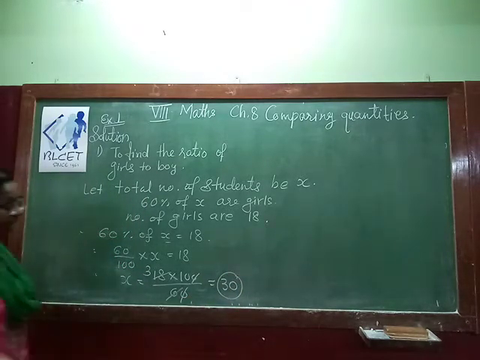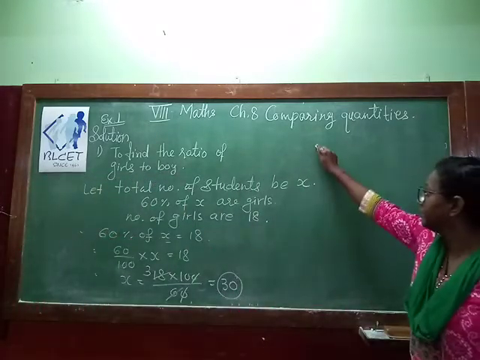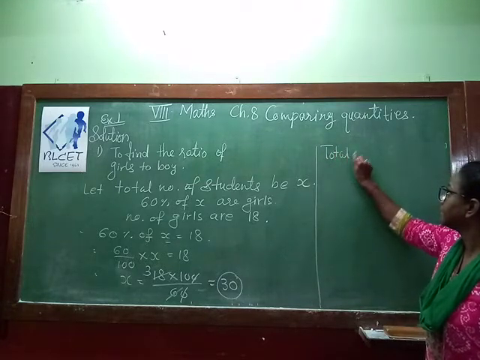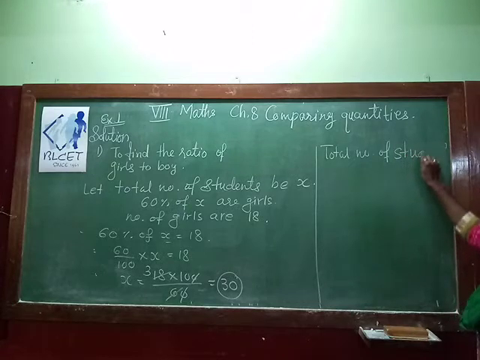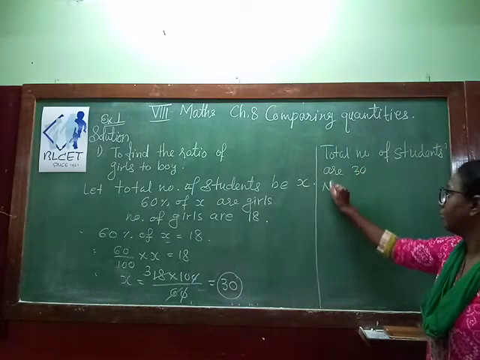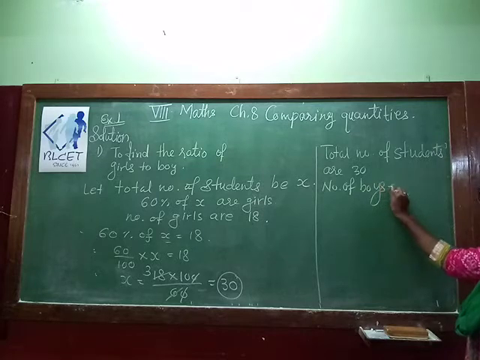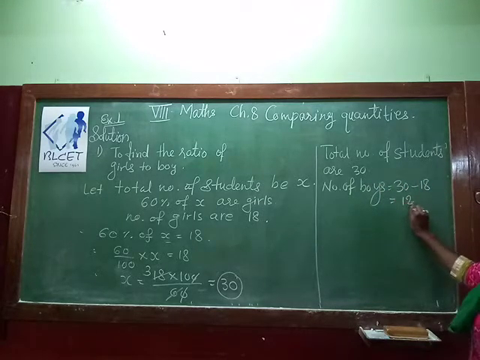Out of that, 18 are girls. So what we can say? Total number of students are 30, so the number of boys are 30 minus 18, which is equal to 12.